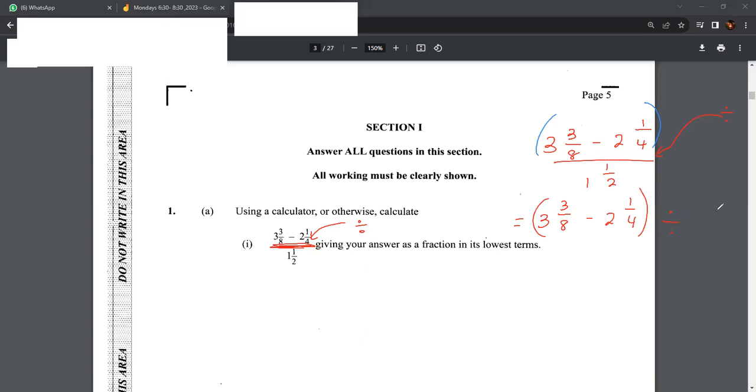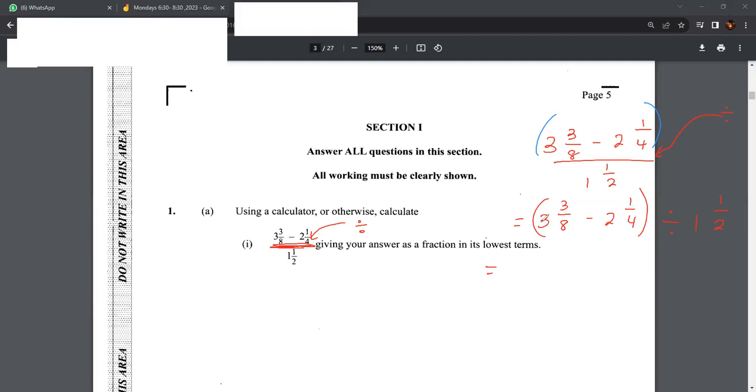In this form. Then my next step is that I'm going to change all my mixed numbers into improper fractions, right?